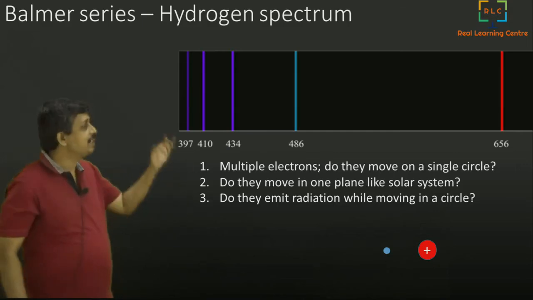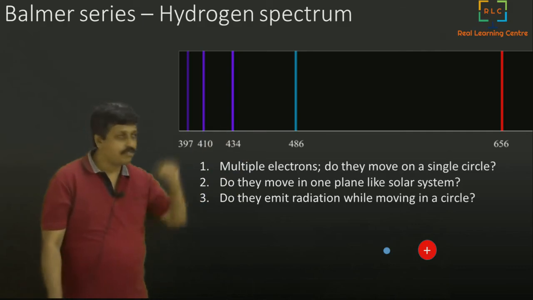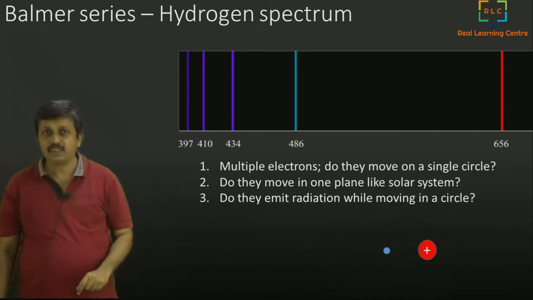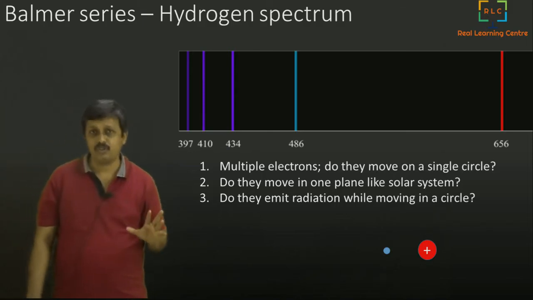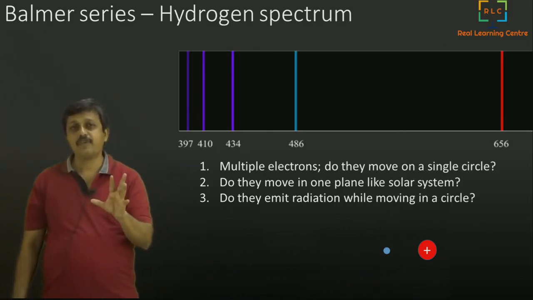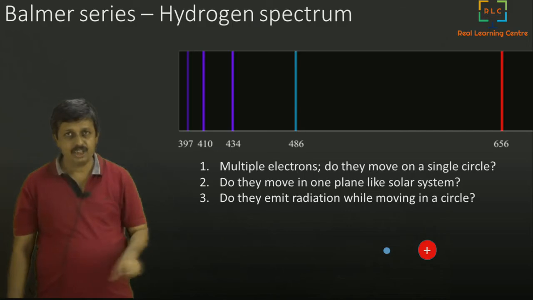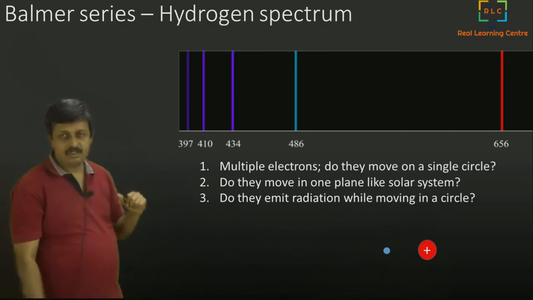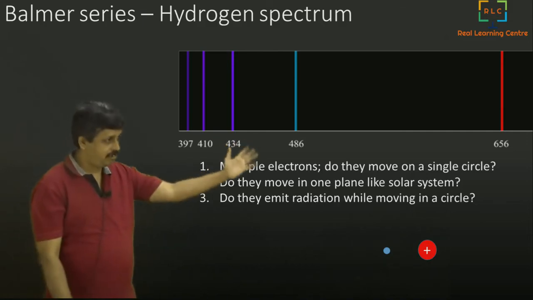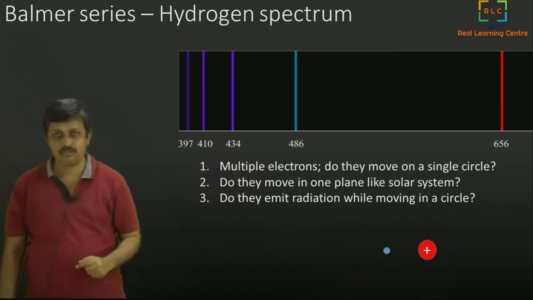It looks like it emits because we are able to see it. Whether it is emitting because it is moving in a circle, we don't know. We know that whenever something moves in an accelerated path with changing velocity, it has to emit. And we are seeing that it is emitting various colors. So maybe that is true.